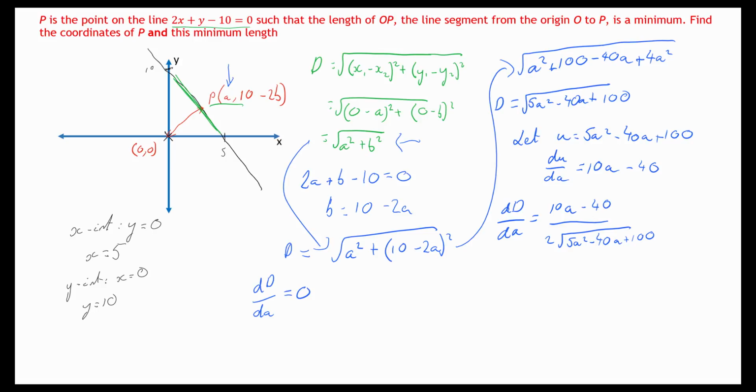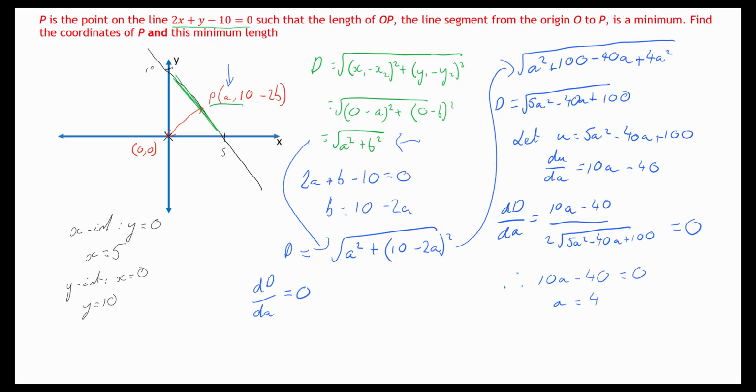Now we can shrink that down as much as we possibly can because we actually want that to equal 0 in order to find our minimum. Now, trick with fractions. If you've got a fraction that equals 0, that actually simplifies to just the numerator equaling 0. So we'll have 10A minus 40 equals 0, which will give you a value of A that's equal to 4.